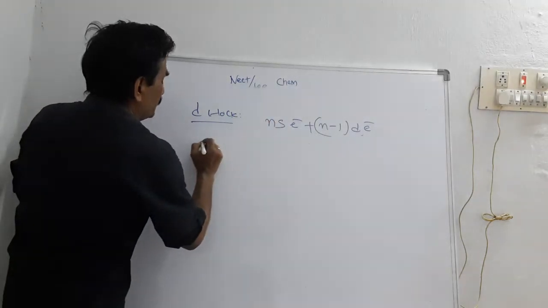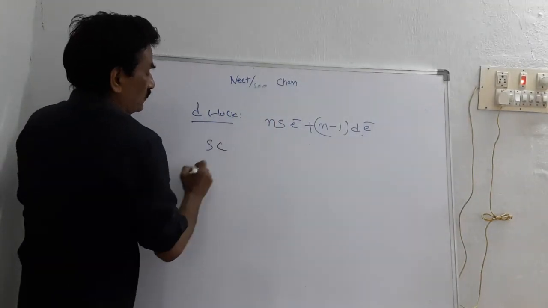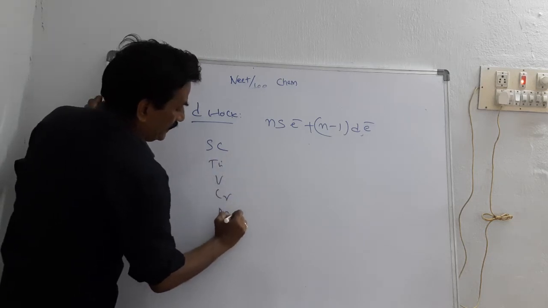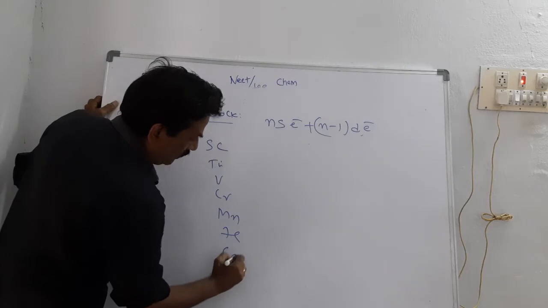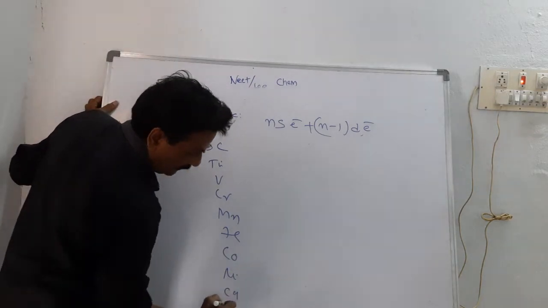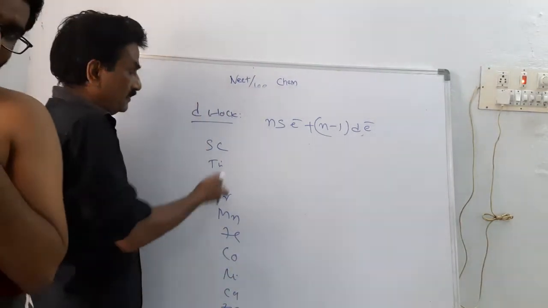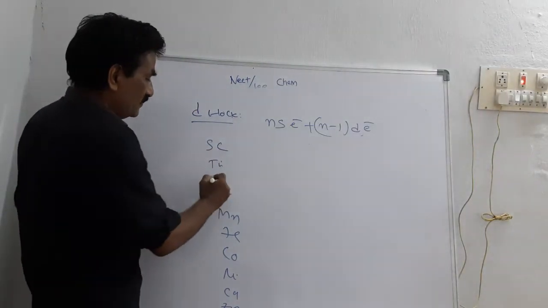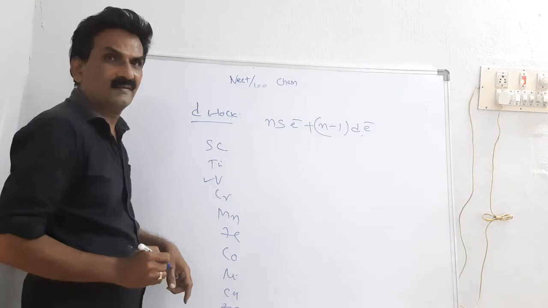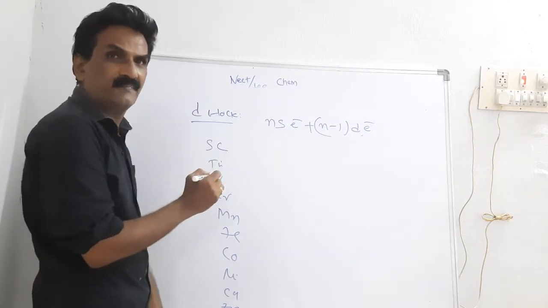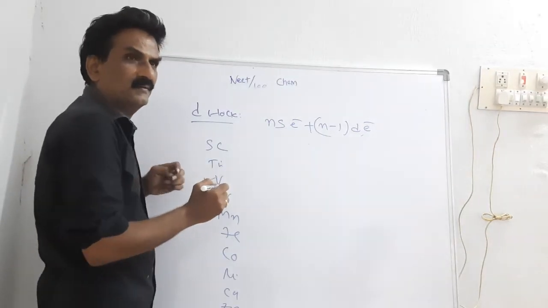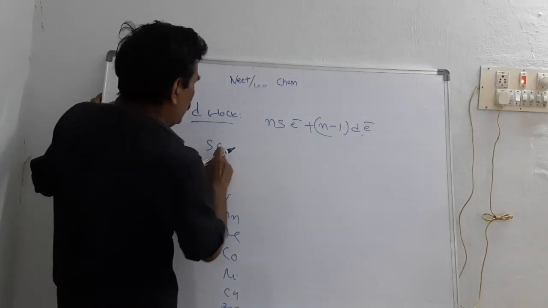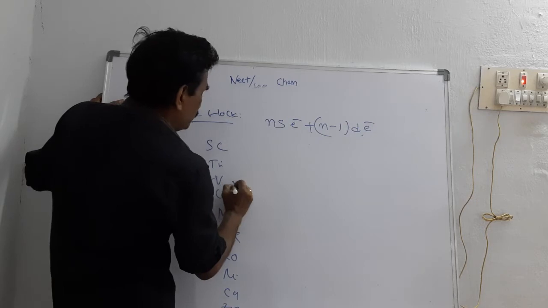Scandium, titanium, vanadium, chromium, manganese, iron, cobalt, nickel, copper, zinc: I am going to take the 3d series. Take vanadium, atomic number 23.